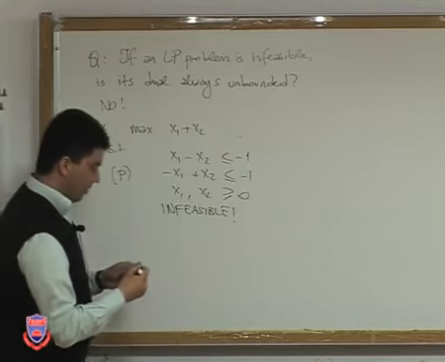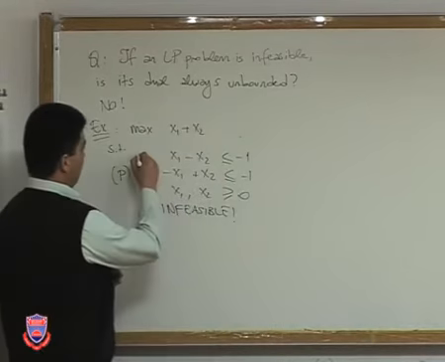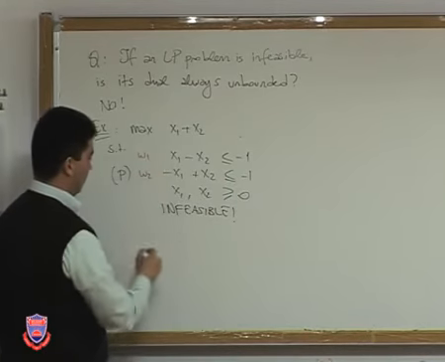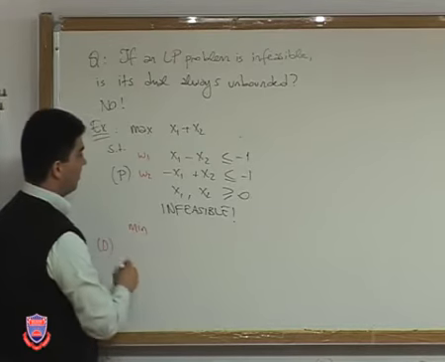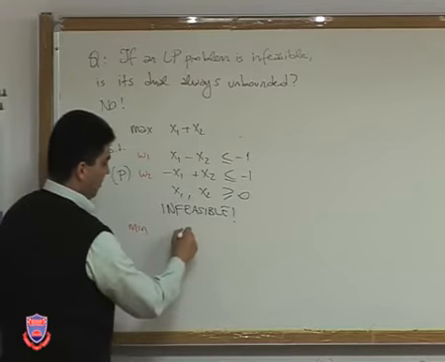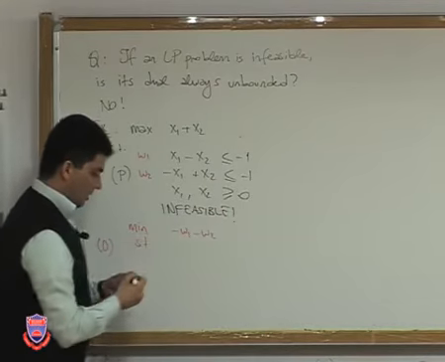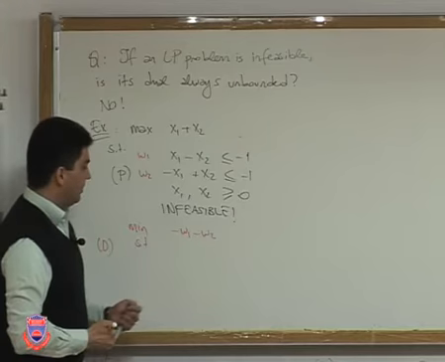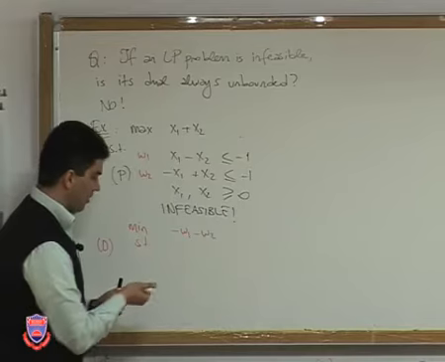Okay? So what about the dual problem? Let's construct the dual problem now. Again, I have two constraints, so I need two variables, w1, w2. So what's the objective function of the dual problem? Minus w1, minus w2, basically, right? So minus w1, minus w2. What does the first constraint look like? w1 minus w2. Okay?